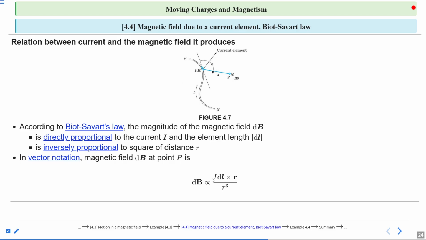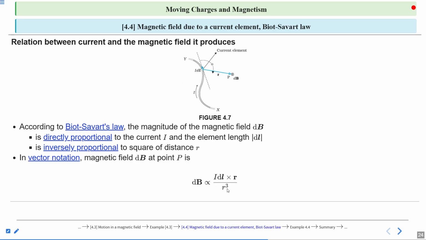When we do this cross product dl into r, it results in dl r sine theta. Then one r in the numerator cancels with one r of the r cube, and r square is left in the denominator. But in vector form, that's why r cube is there.